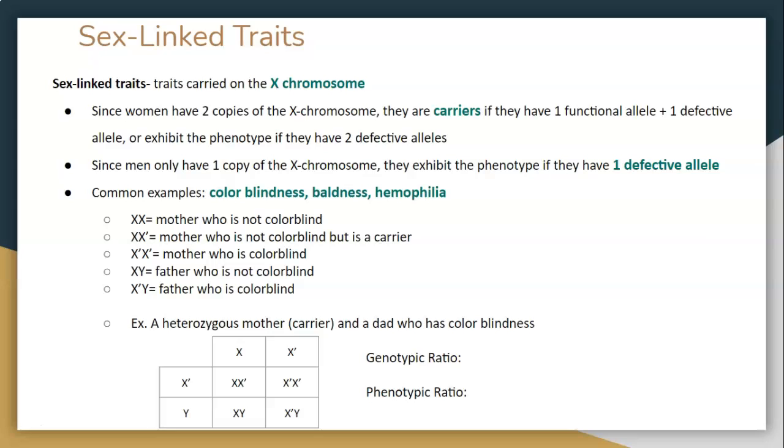And last but not least is our sex-linked traits. Sex-linked traits are traits carried on the X chromosome, so only the X chromosome. Now, something special about this is the difference between a biological female's genotype and a biological male's genotype. Since a biological female has 2 X chromosomes, they can be considered carriers.